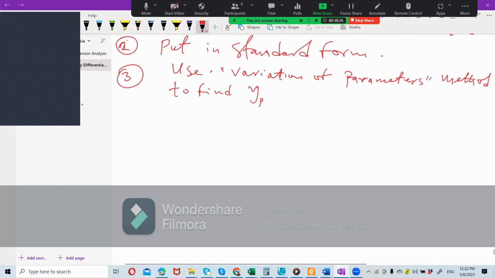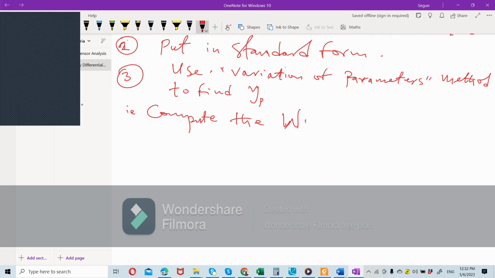That is, compute the Cauchy method. So how do we do the Cauchy method?